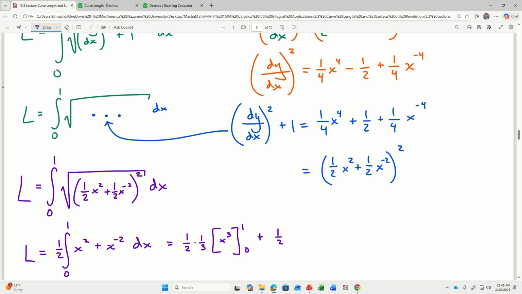And the antiderivative of x to the negative 2 power would be negative 1 times x to the negative 1 power. So I got 1/2 times 1/3 is 1/6.